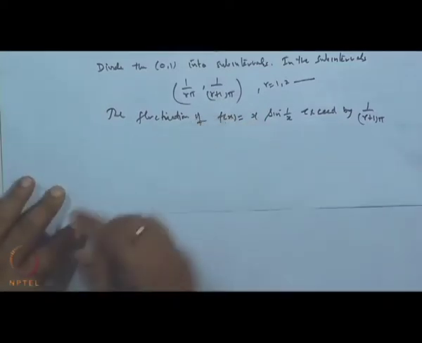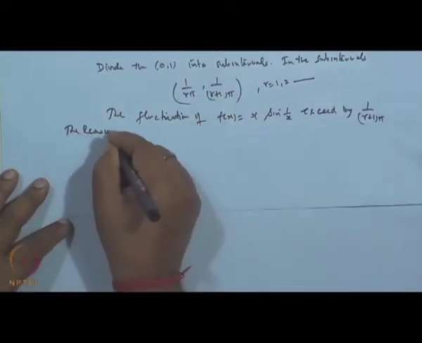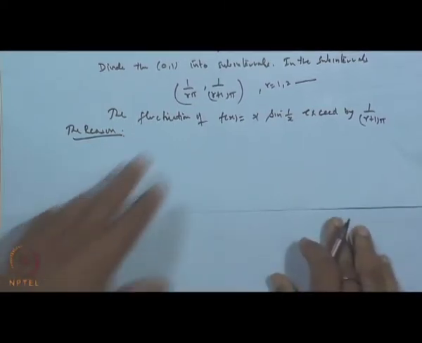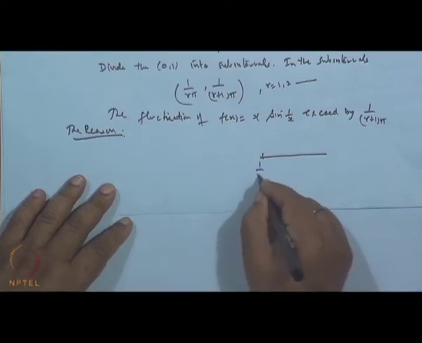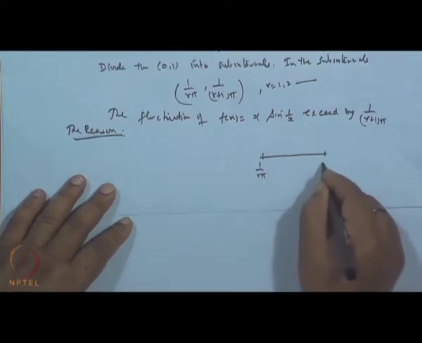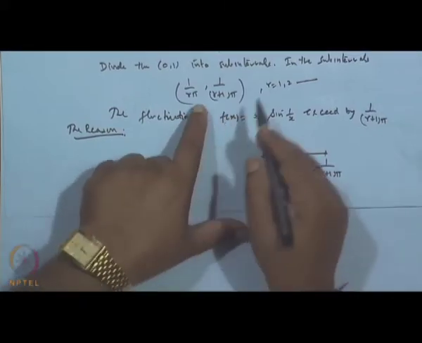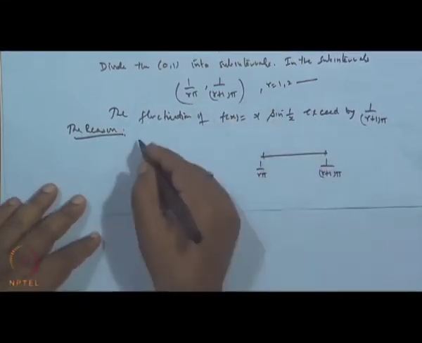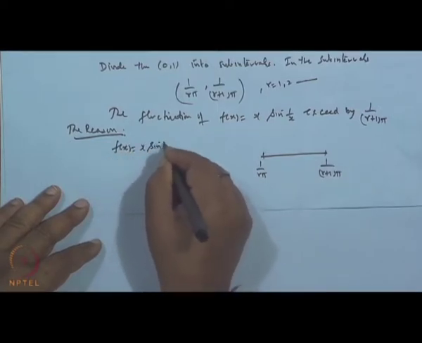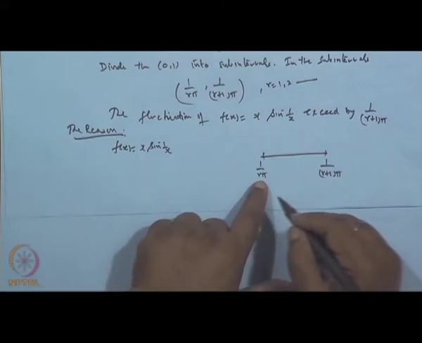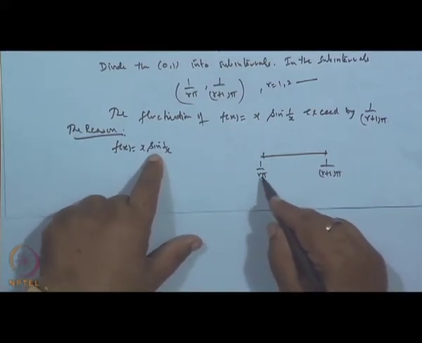Over this function, this is our interval, 1 by r pi, and this is 1 by r plus 1 pi. For the function x sin 1 by x, at the end points the sine is 0, because it is an integral multiple of pi.